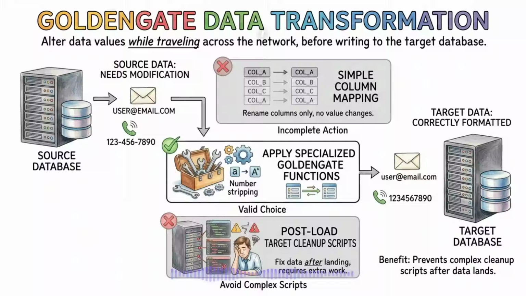By combining these mapping, filtering, and transformation tools, you can satisfy almost any complex business requirement your company throws at you. You can filter out sensitive credit card numbers, map older schemas to modern data warehouses, calculate new analytical metrics, and build comprehensive audit trails all in real time.